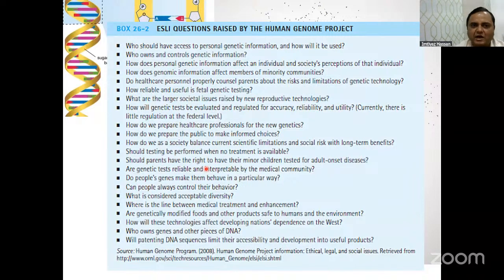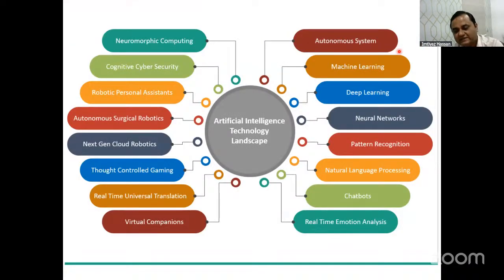It has a lot of disciplines. You see the ethical, social and legal concerns related to the Human Genome Project. So if you don't have interdisciplinary thinking, you can't be successful even in biology.